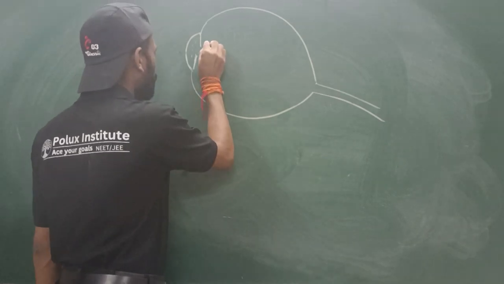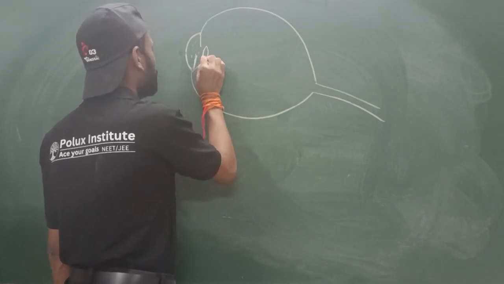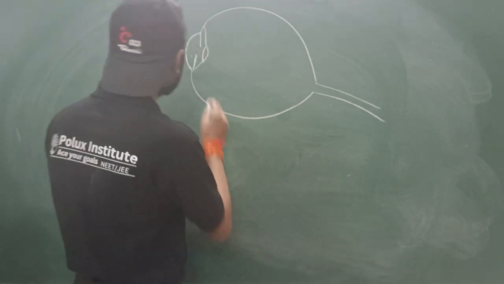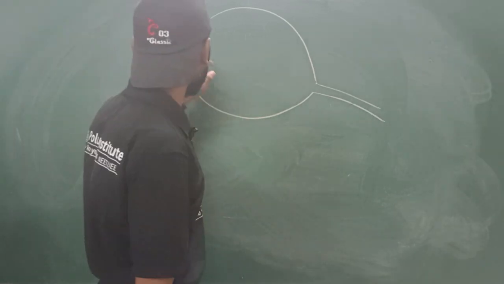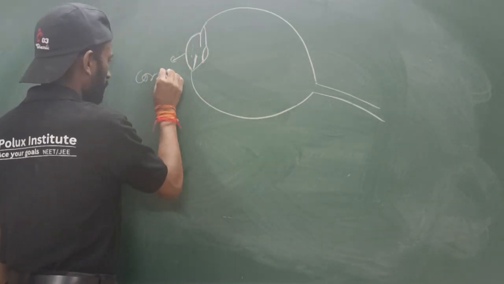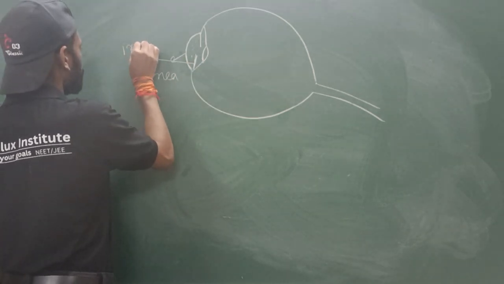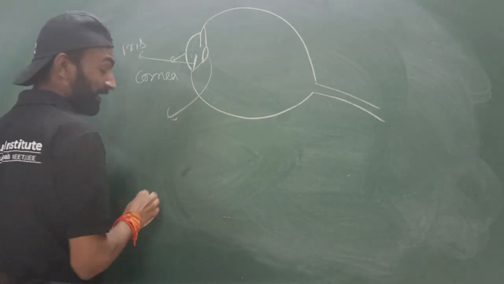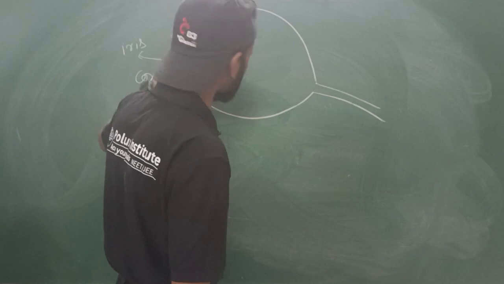Then we have the lens of the human eye, and here are the ciliary muscles. This whole opening is called the pupil. This is the iris, this is the cornea, this is the lens, and this is the ciliary muscles.